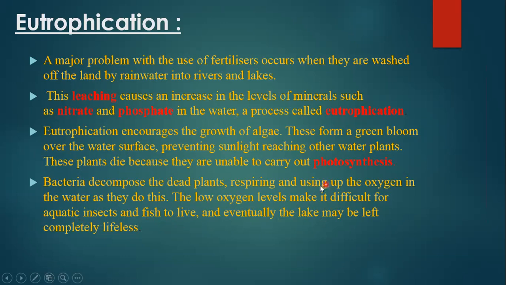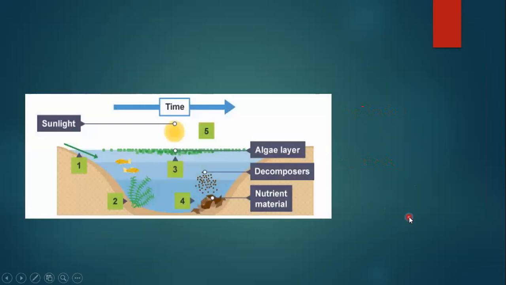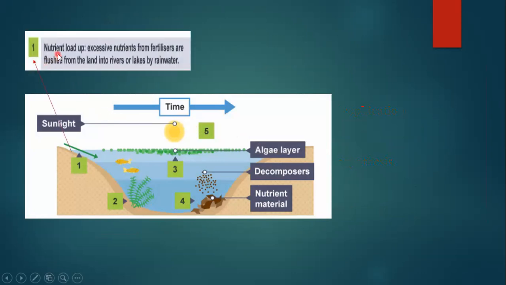So that is the summary of eutrophication, and here we again discuss this process with the help of this picture. You can see here what happens during eutrophication, the nutrient load up.